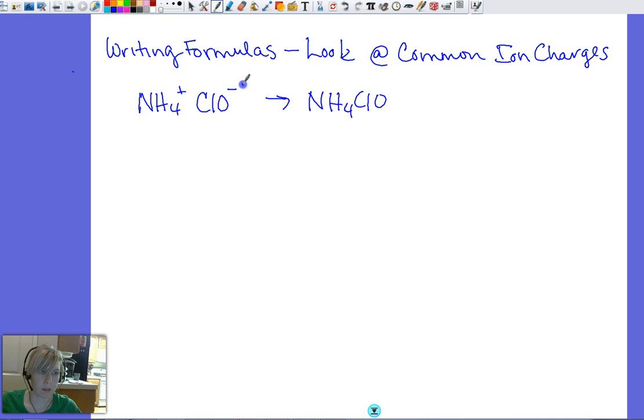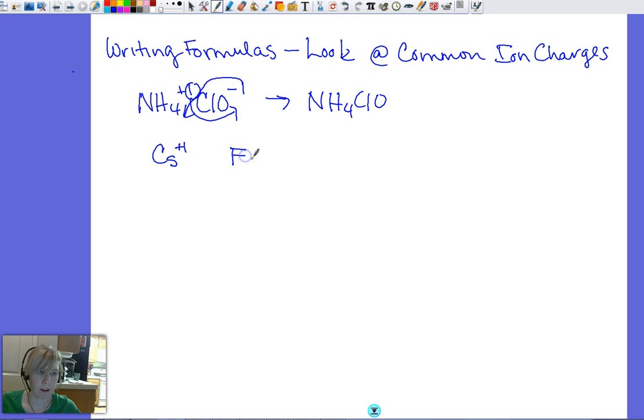NH4ClO, because this is +1 and -1, and remember when we cross our charges, they become the subscripts. For cesium ferrocyanide, we have cesium, which is +1.